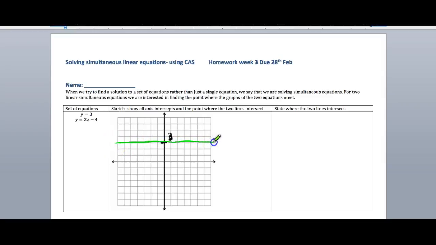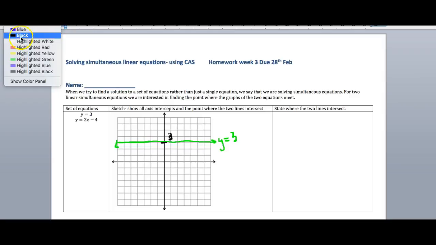Obviously, it's a bit harder for me to use a ruler on a tablet. Try to get into the habit, if you're doing more than one line, to actually label what they are. You can see I've also got arrows on the end of my lines, even though that doesn't look like an arrow, but it is an arrow. My y-intercept is 3, and there's no x-intercept, because it's parallel to the x-axis.